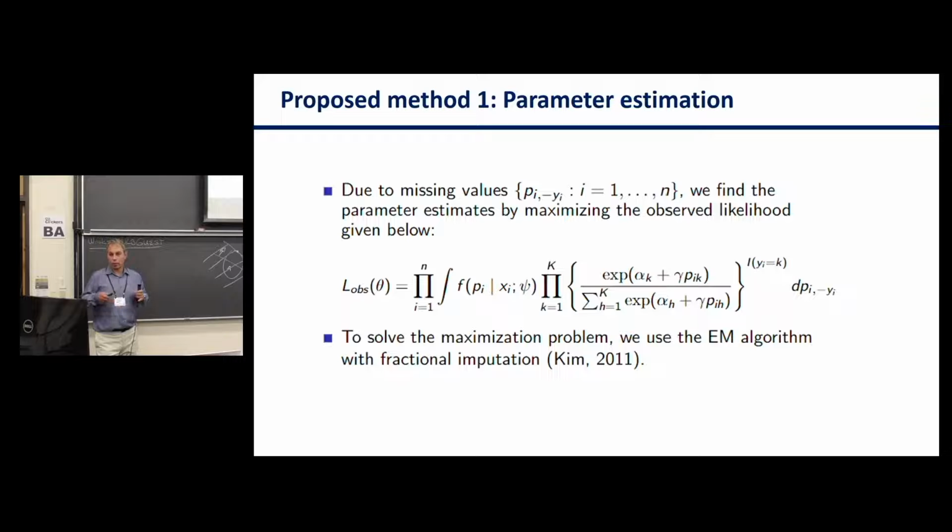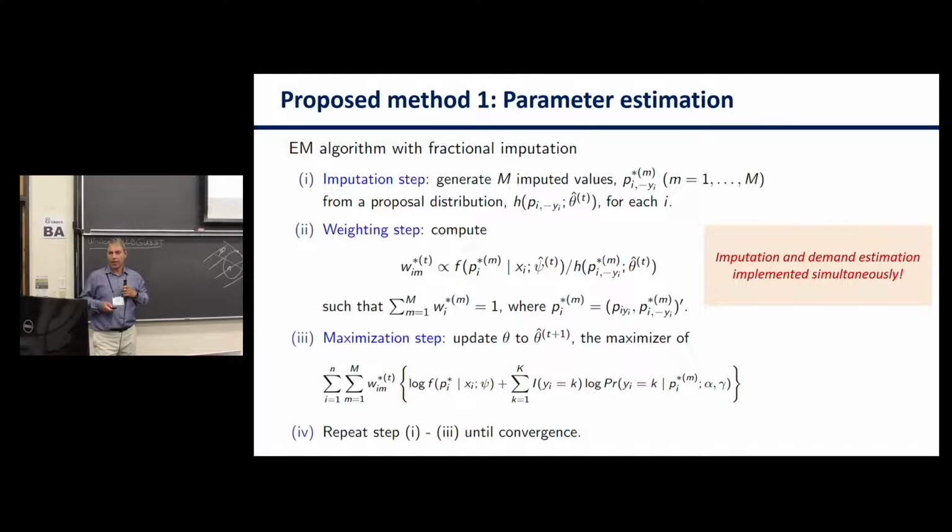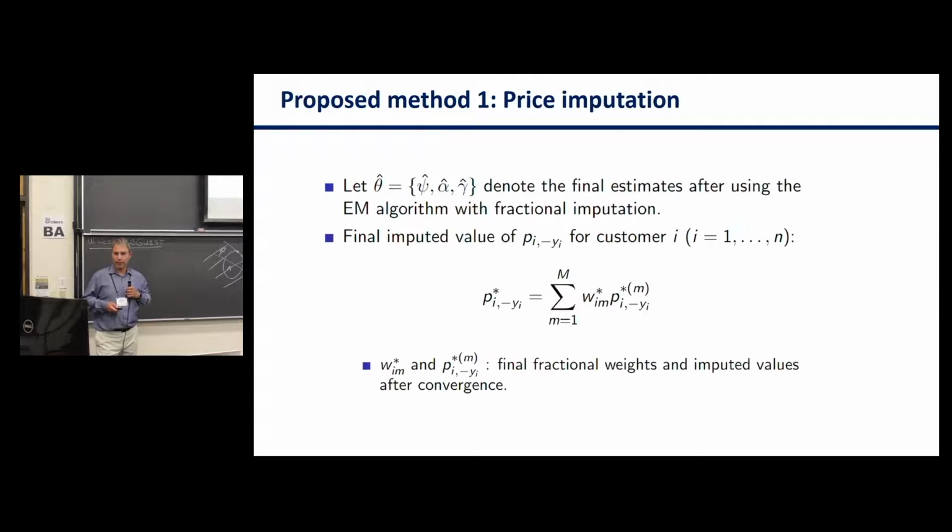So we go through this standard parameter estimation. We have the likelihood function based on the observed data, and we use the EM, expectation maximization, algorithm to solve this problem.